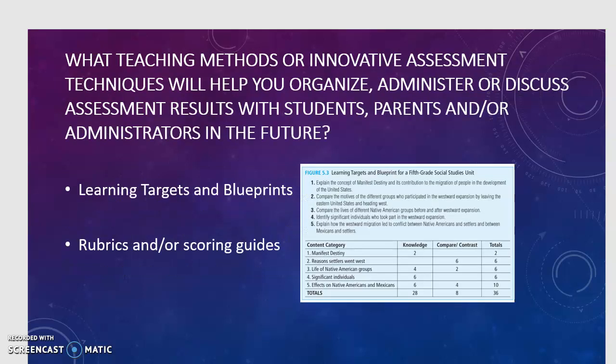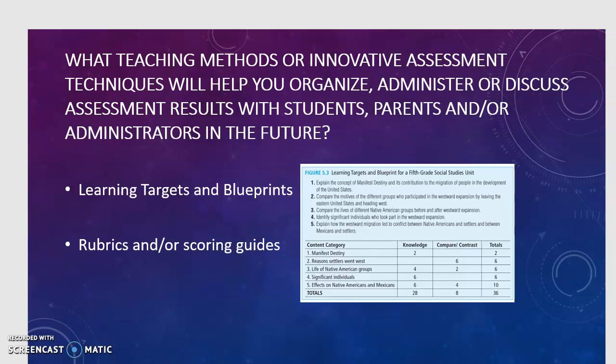And then what teaching methods or innovative assessment techniques will help you organize, administer, or discuss assessment results with students, parents, and or administrators in the future. So I found a lot of amazing forms in the CALS book.